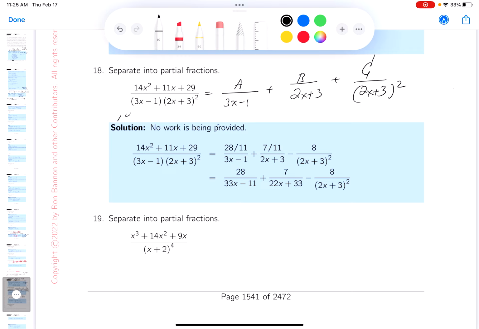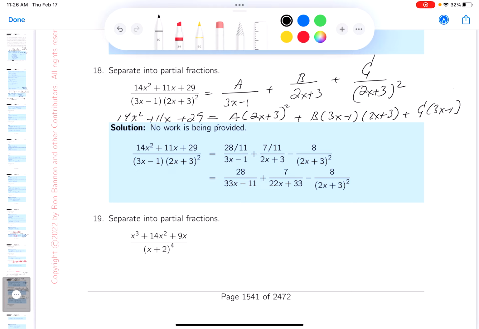What do you get? 14x squared plus 11x plus 29. What would this give you? A(2x plus 3) squared plus B(3x minus 1)(2x plus 3) plus C(3x minus 1).